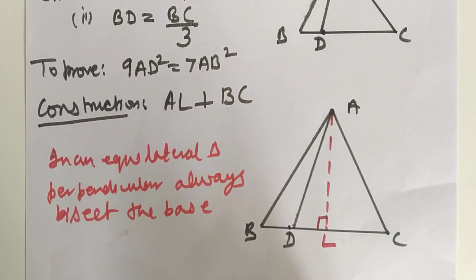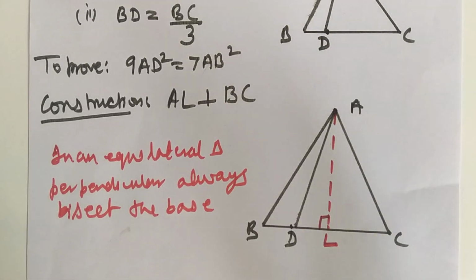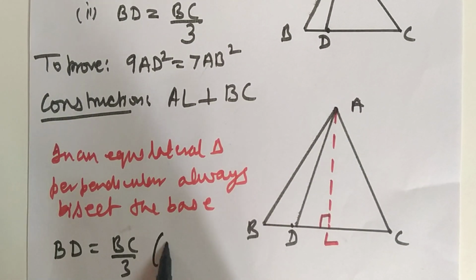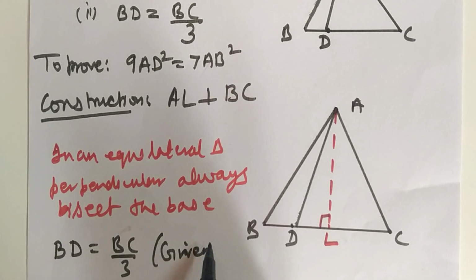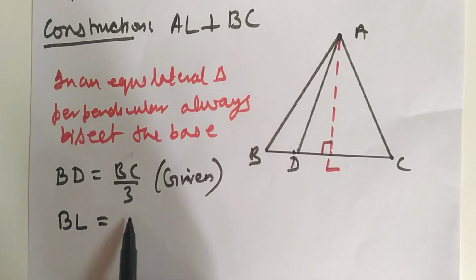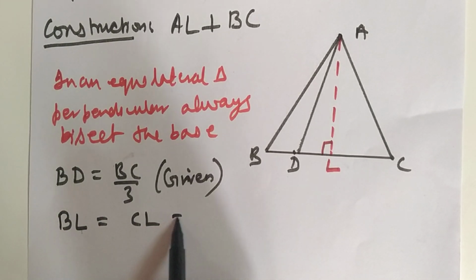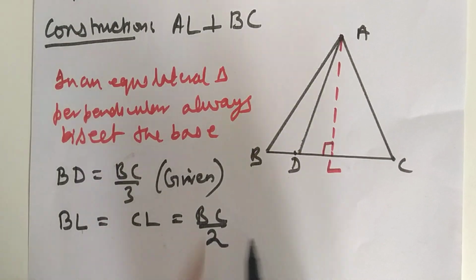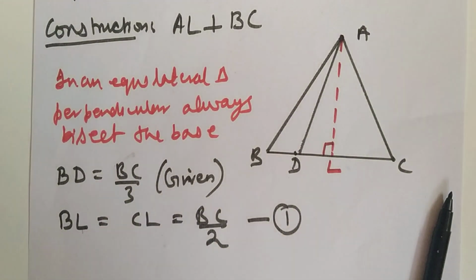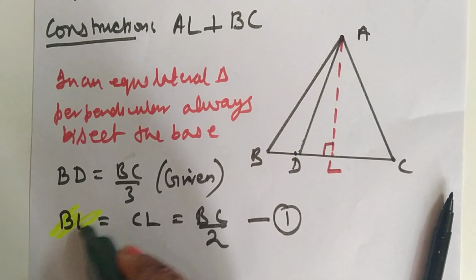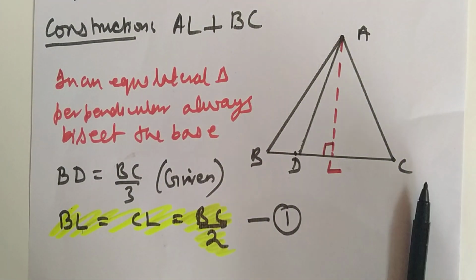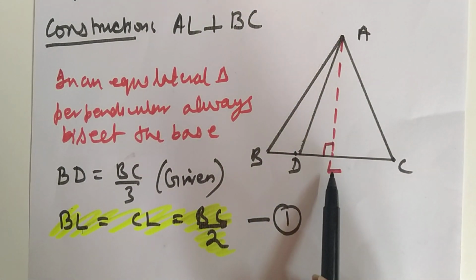So if we see here, we have two pieces of information: BD is equal to BC upon 3, that is given to us, and BL is equal to CL, which is equal to BC upon 2. This is the most important information that we have got here, since AL is a perpendicular.